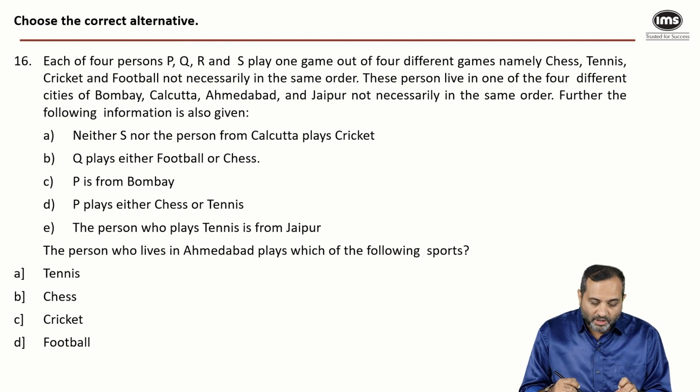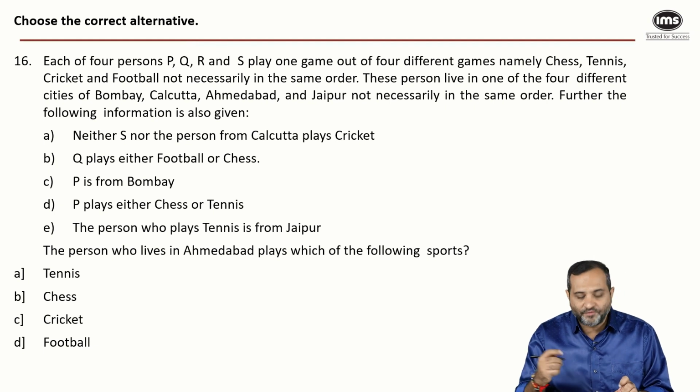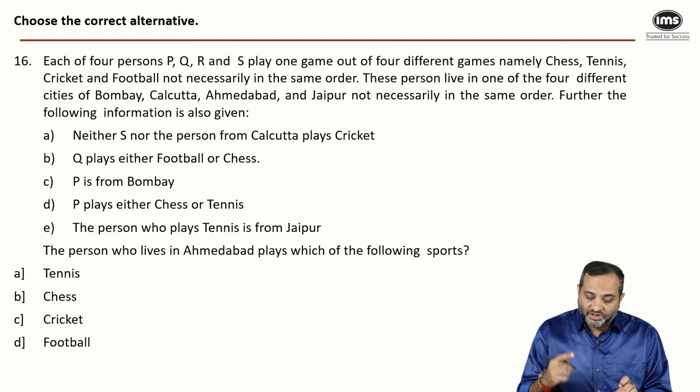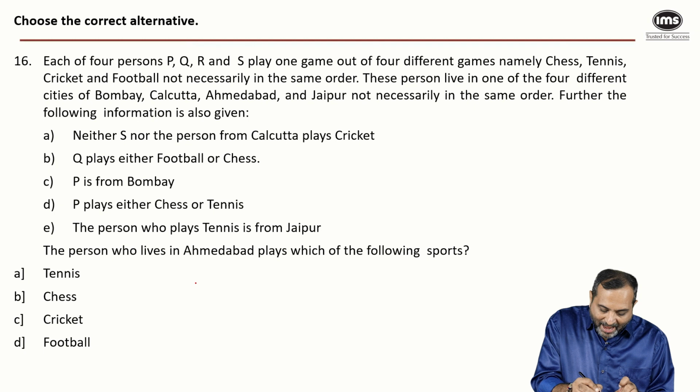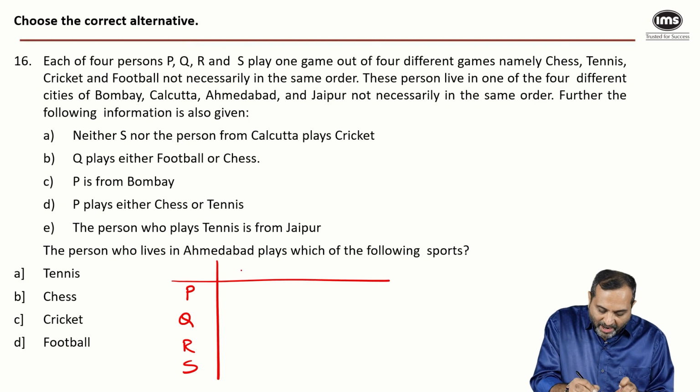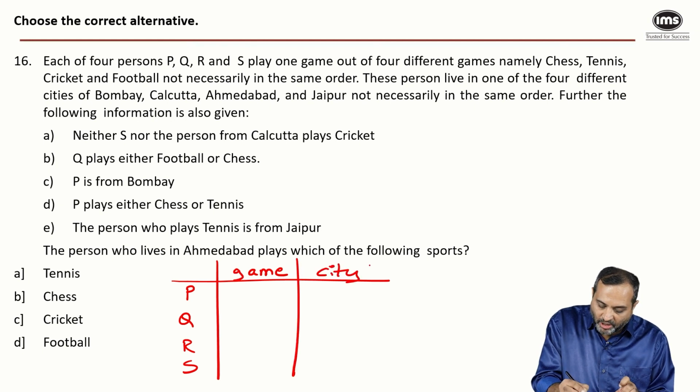Each of the four people P, Q, R and S play one game out of the four different games. These persons live in one of the four different cities. So what is the diagram that I'm looking at? I have P, I have Q, I have R and I have S. They have to play one game and I need to check which city do they come from.